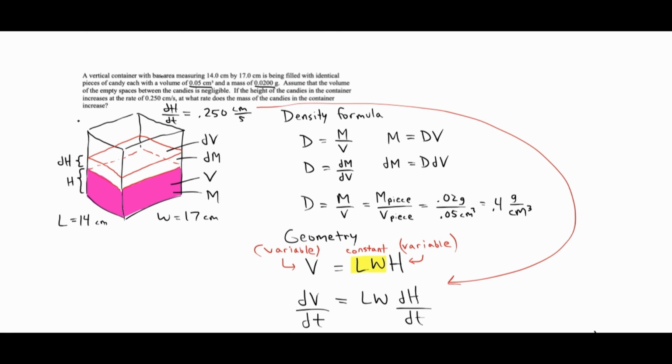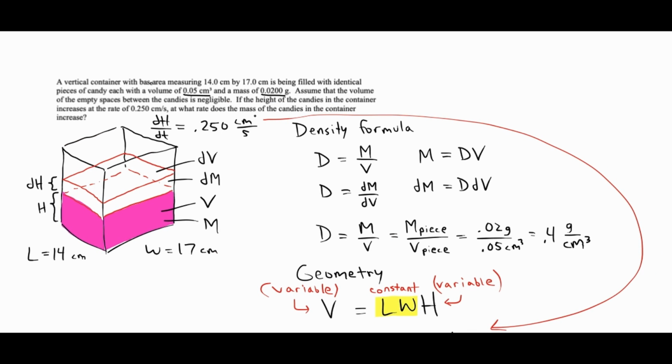They ask us, how is the mass of the candies changing? At what rate? So, what are we asked for? dm over dt.